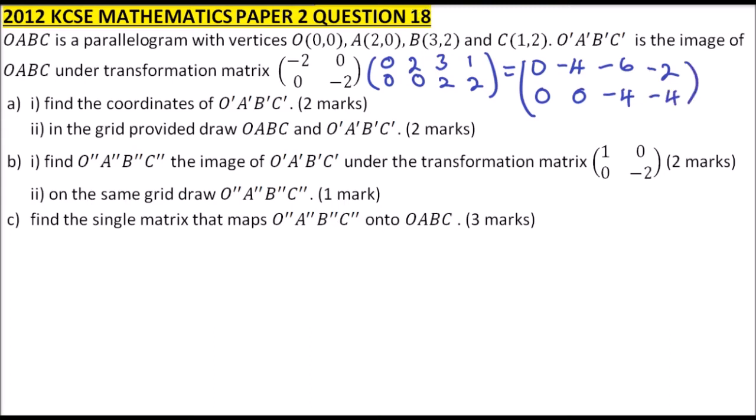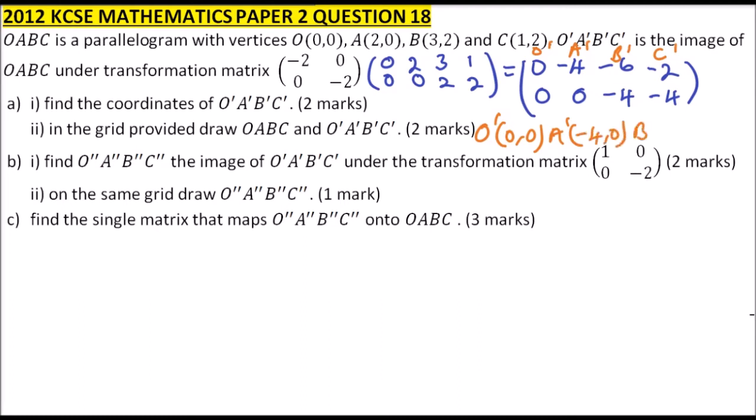So this implies that this is O prime, A prime, B prime, and C prime. And this means that the coordinates of O prime will be (0, 0). The coordinates of A prime will be (-4, 0).